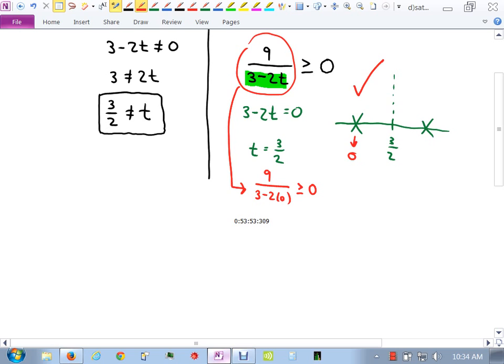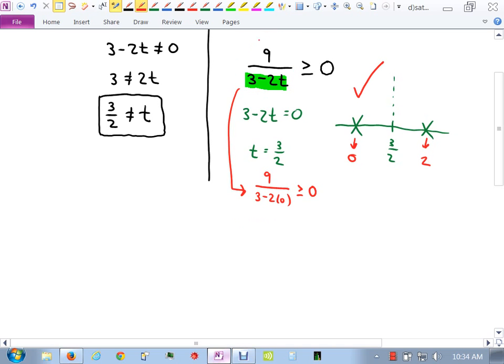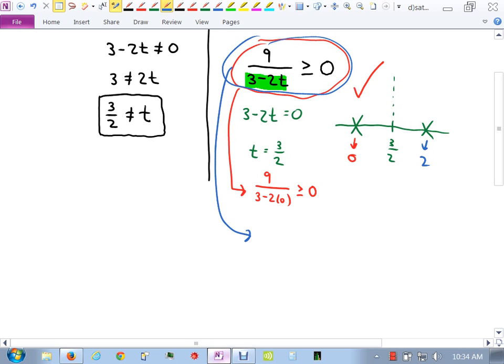Now I want you to pick something to the right of 3 halves, like 2. Right, 3 halves is 1.5. So I'm going to pick 2. And now plug 2 into this thing up here. I think I'll use a different color. I take this whole thing again, and now I plug it in. 9 over 3 minus 2 times 2.